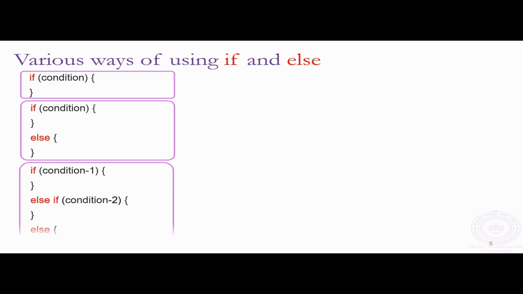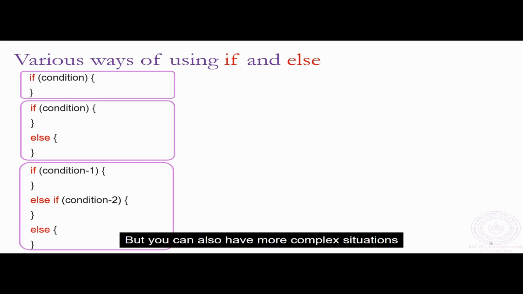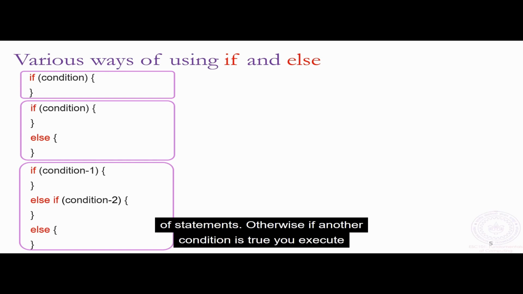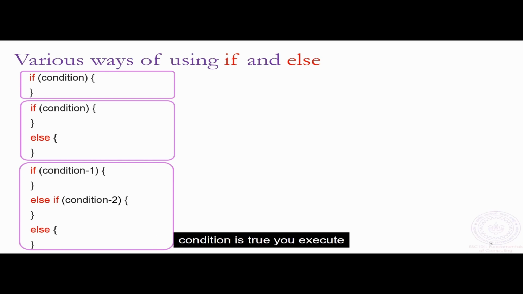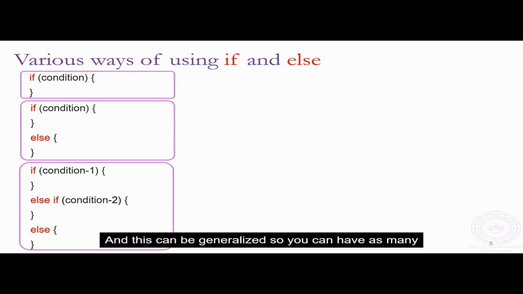But you can also have more complex situations where if one condition is true, you execute one set of statements. Otherwise, if another condition is true, you execute a second set of statements, and otherwise, you just execute whatever is contained in the else block. And this can be generalized.